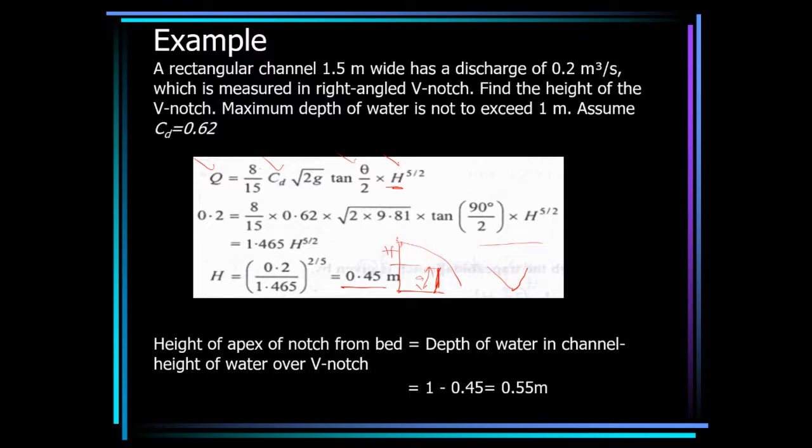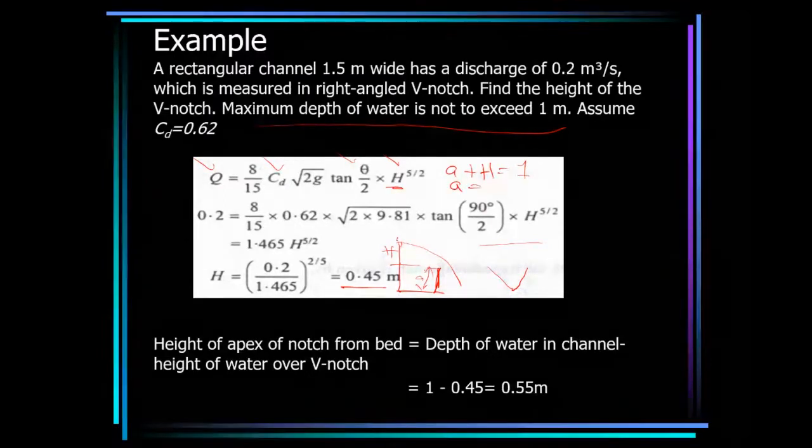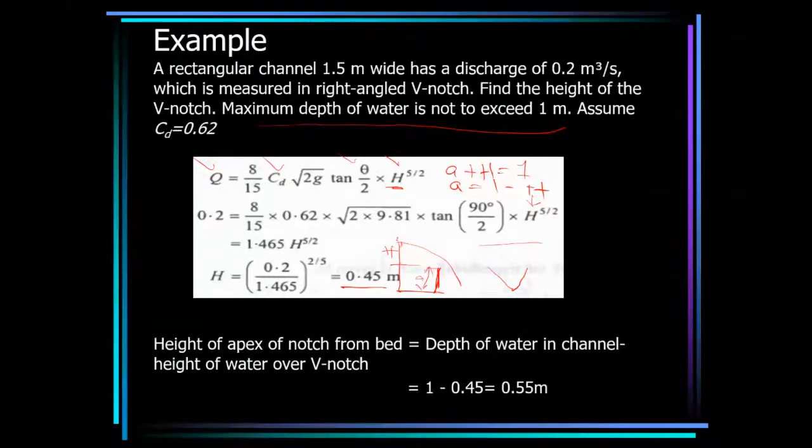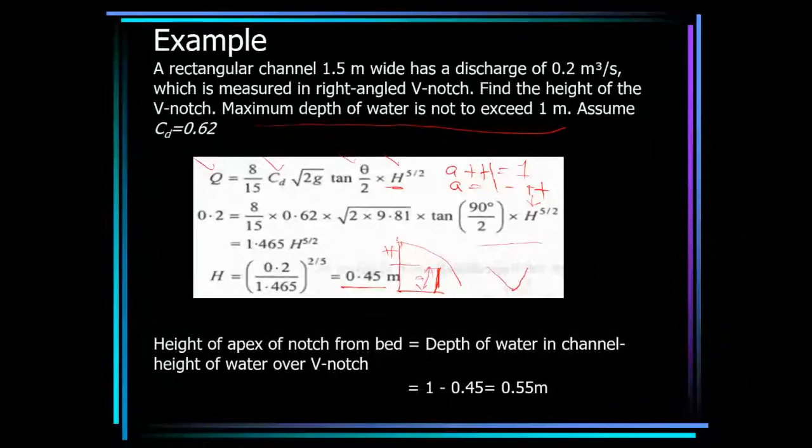We were told that the maximum depth of water is not to exceed 1 meter, so it's going to be 1 meter minus H. That will give us A, because A plus H will not be greater than 1 meter. So A is equal to 1 minus H. And H we found from the discharge formula over a triangular notch.